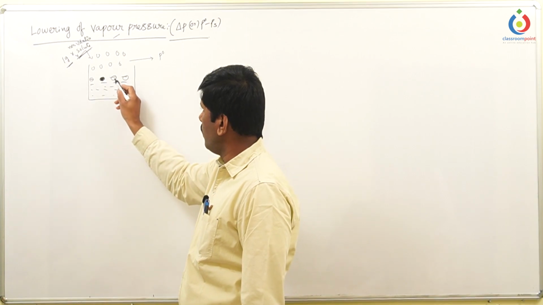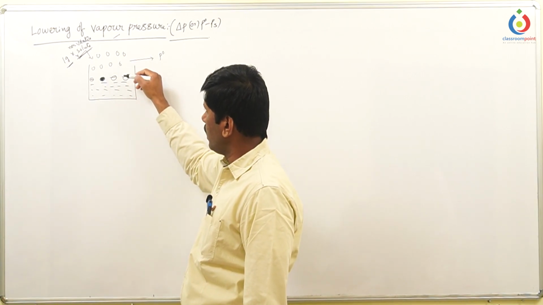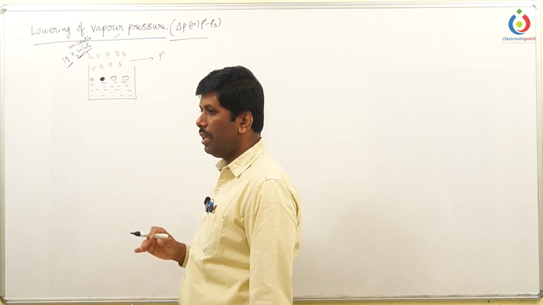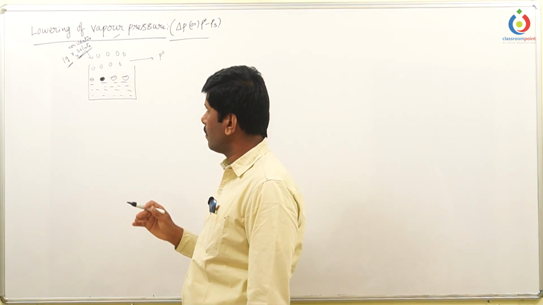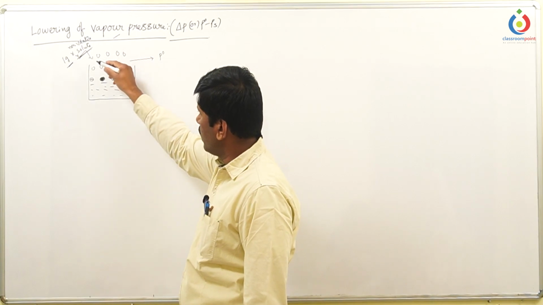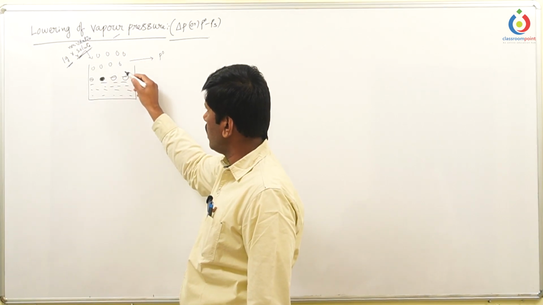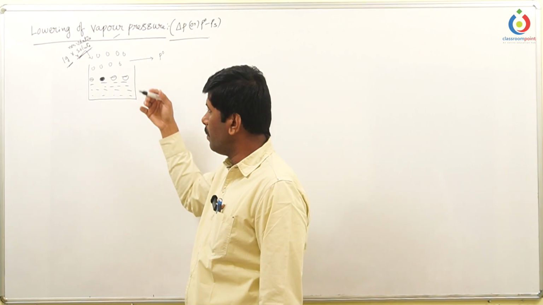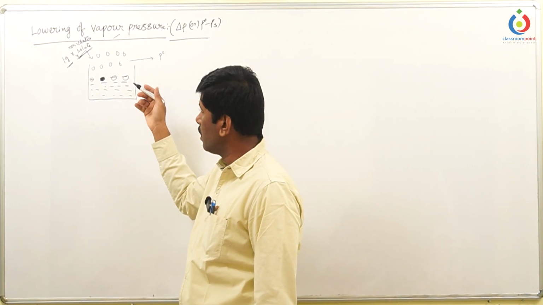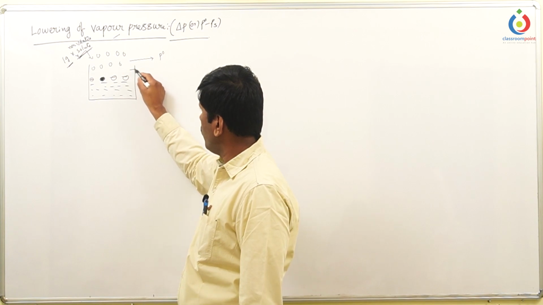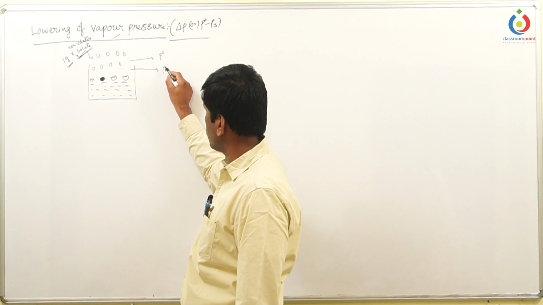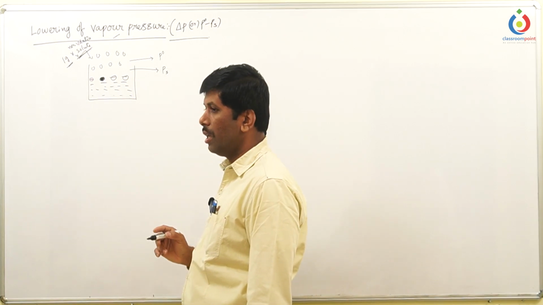As the number of solvent molecules decreases, vaporization also decreases, meaning the number of liquid molecules converting into vapor decreases. Then the number of vapor molecules decreases and the pressure exerted by the vapor also decreases. The vapor pressure of the solution I am taking as Ps.